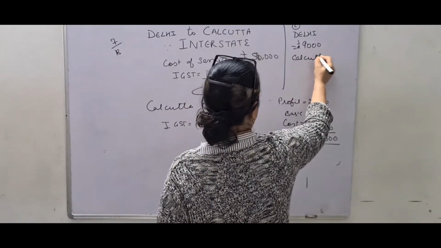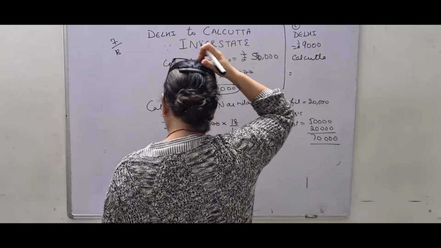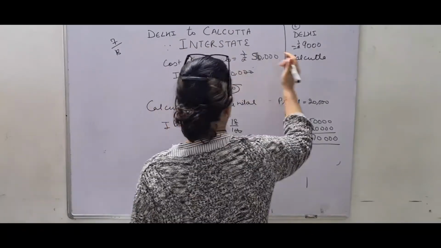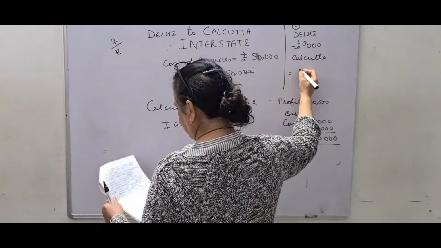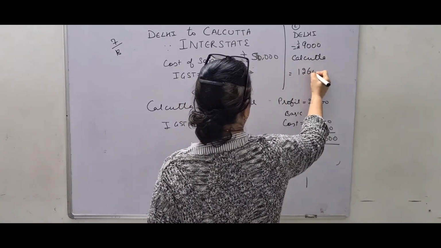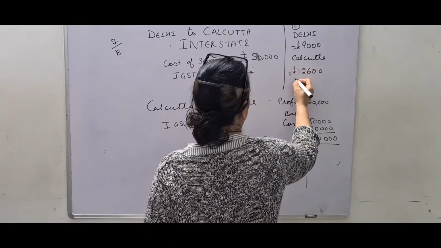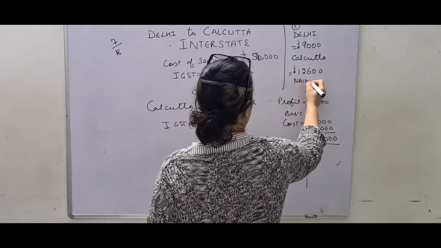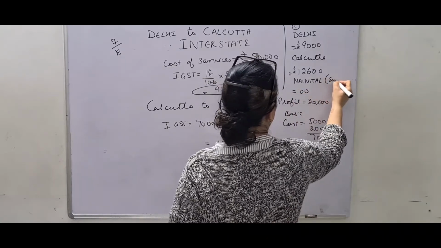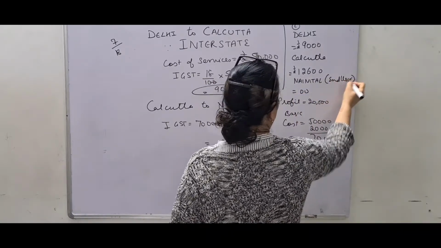Then he has asked you the output tax at Calcutta. Output tax at Calcutta will be 12,600. And what is output tax at Nainital? It is 0. Why? Because Nainital is end user. Be careful, children.